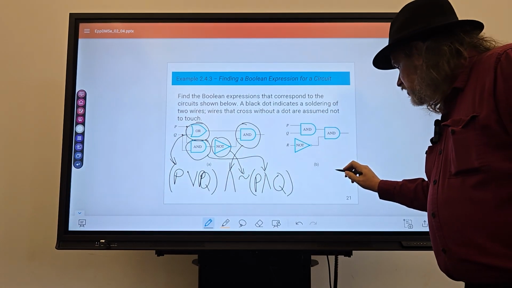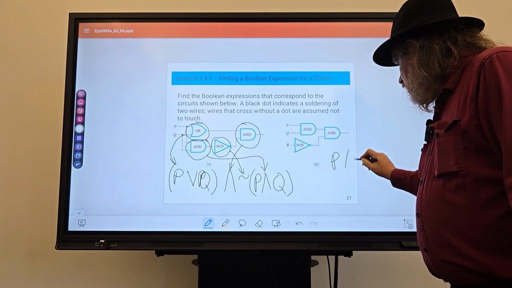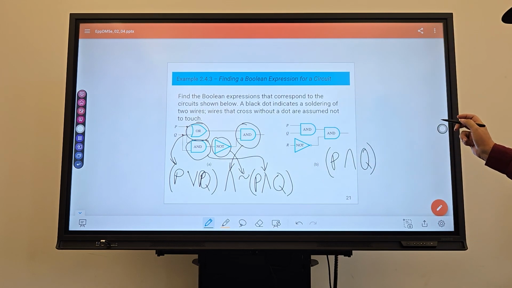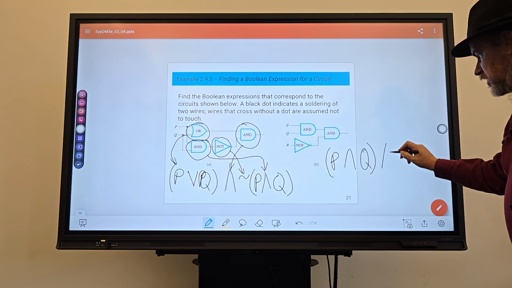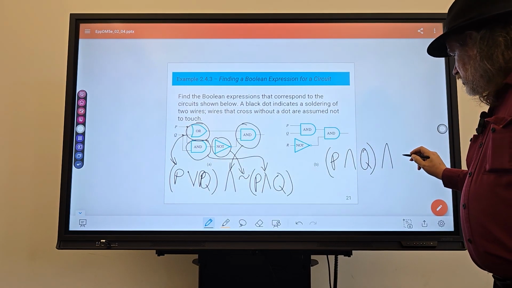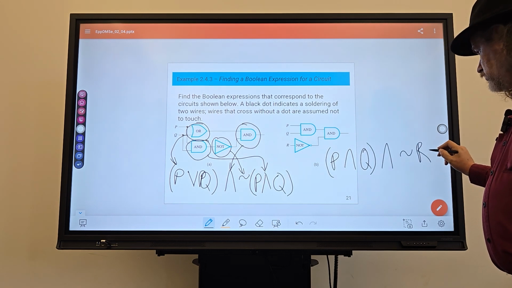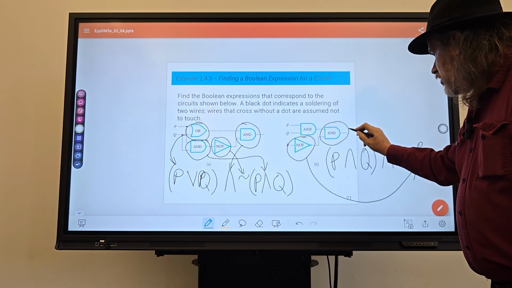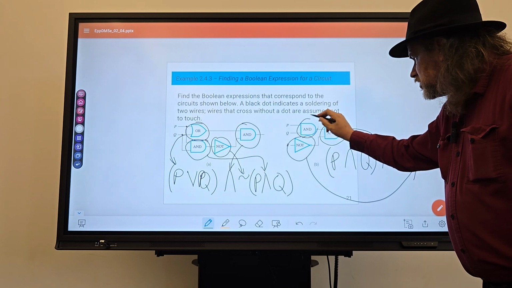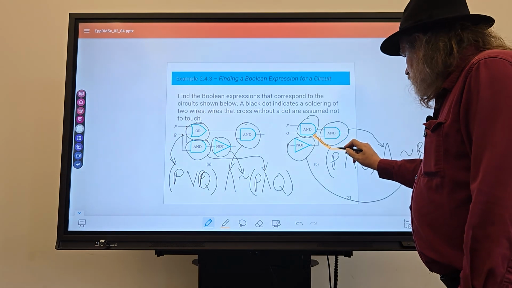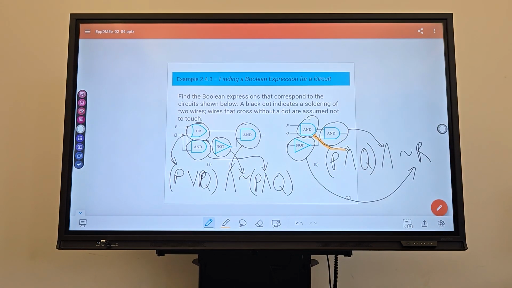And for this one, you have P and Q in parentheses because it's a gate, ANDed with, because that's where the output goes, not R. So there goes here, there goes here, and here goes here. See how that works? Pretty simple.